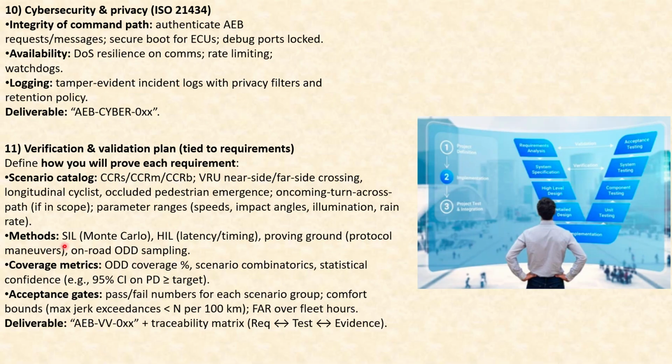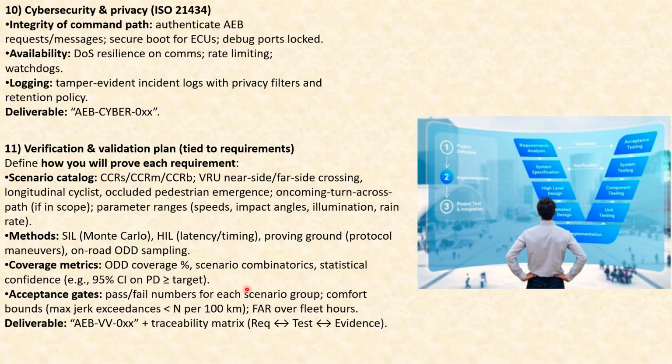And how do you do it? With software-in-the-loop testing, hardware-in-the-loop testing, proving ground protocol maneuvers, and on-road operational design domain sampling. Within the plan, coverage metrics like ODD coverage percentage, scenario combinatorics, and statistical confidence are clearly mentioned.